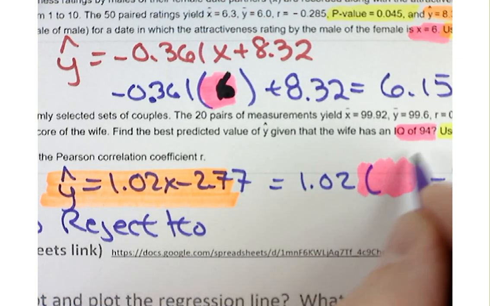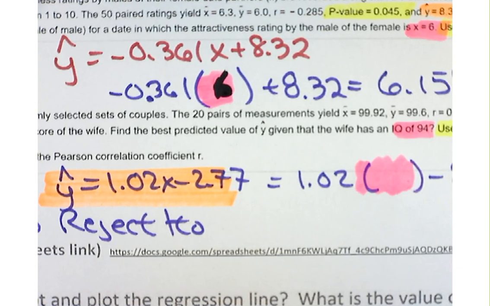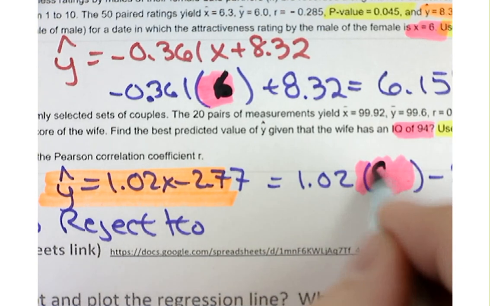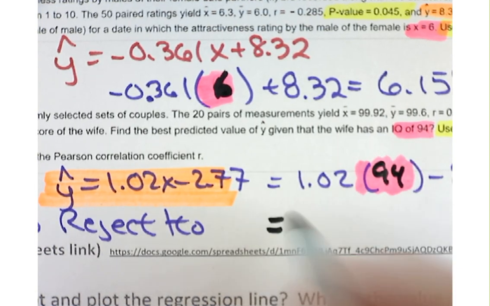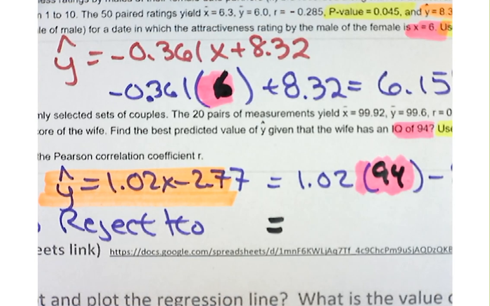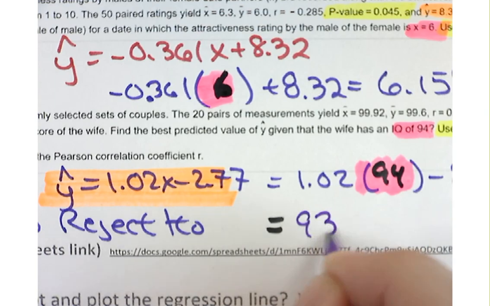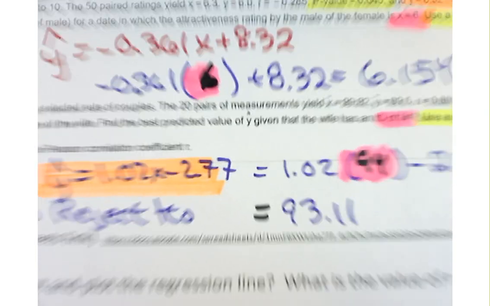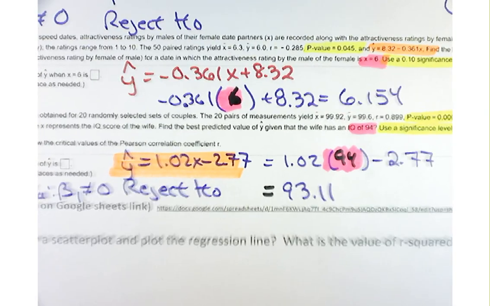So here's our 94 coming from up here. What'd you guys get? 93.11. Okay, so that's your predicted value.